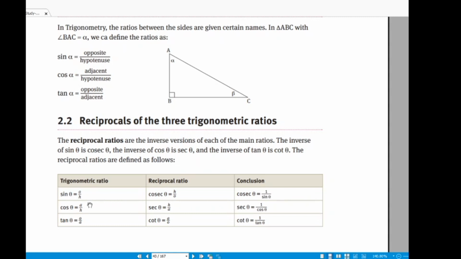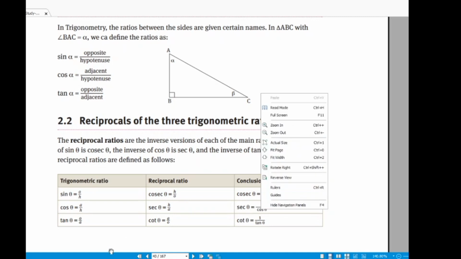The same applies for cos theta. Cos theta is adjacent over hypotenuse. The inverse is sec theta, so sec theta is hypotenuse over adjacent, right?